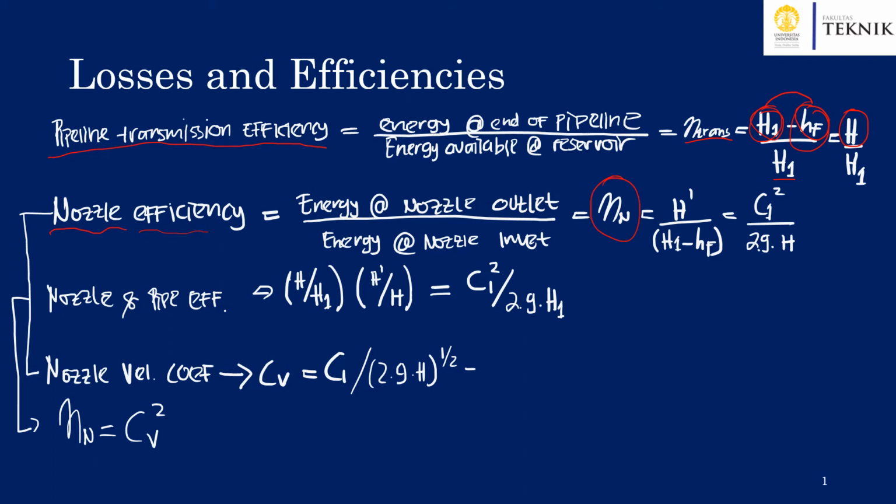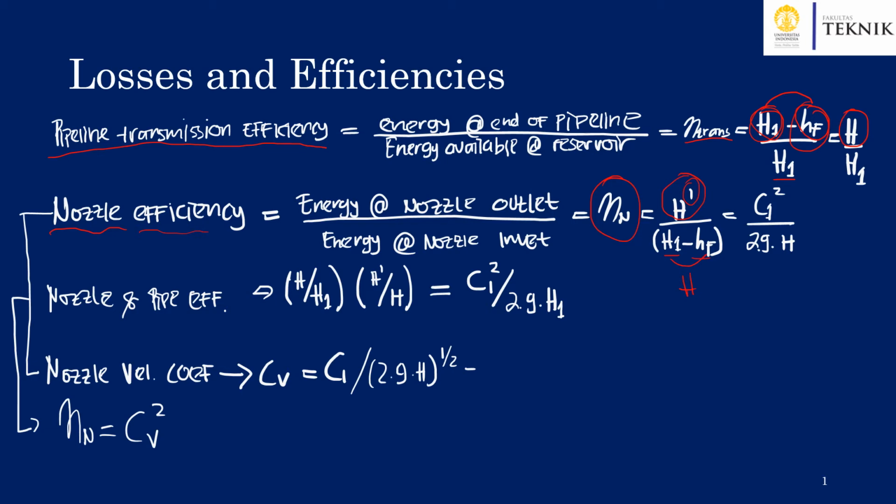That is the function of energy at the nozzle outlet divided by the energy at the nozzle inlet. At the nozzle outlet, the amount of head is equal to H prime, divided by the energy at the nozzle inlet, that is equal to H1 minus HF, or this one is equal to H.